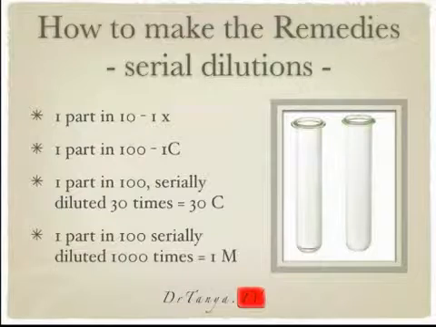Now, if you take 1 part of the 1 in 100 dilution, add 99 more parts of the diluting substance, and agitate it or triturate it, that would give you a 2C.